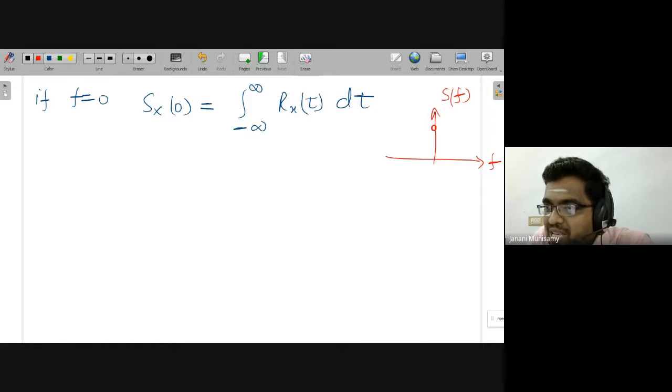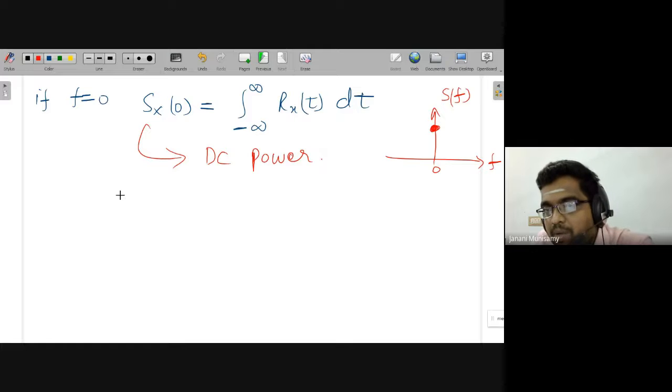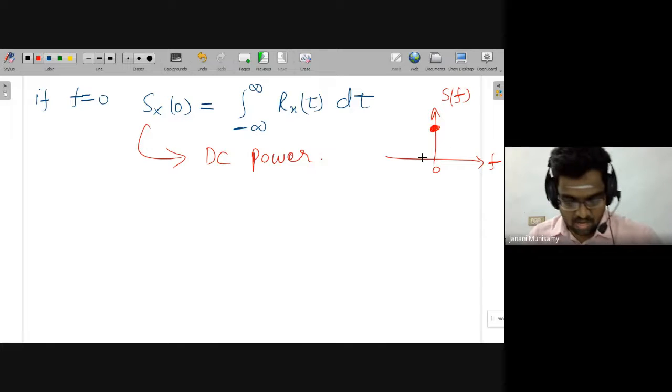When f is 0, it is directly giving how much value is there for f is equal to 0. That means what is the contribution of DC signal in the power? This is giving the contribution of DC power. Okay, DC power.